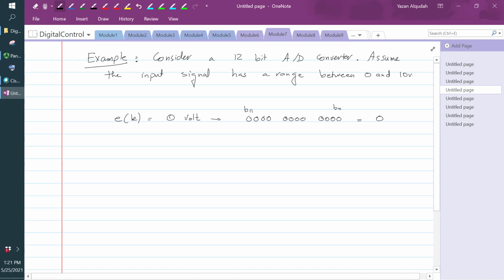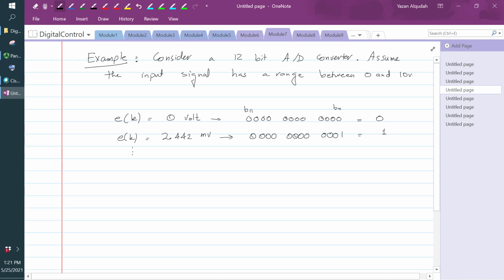If I have a value that is E of k equal to 2.442 millivolt, then I'm going to use eleven 0s and then a 1 to represent this, and this is a decimal 1, and so on and so forth. If I multiply this by 2, I'm going to use 0s all the way, and then 1, 0.